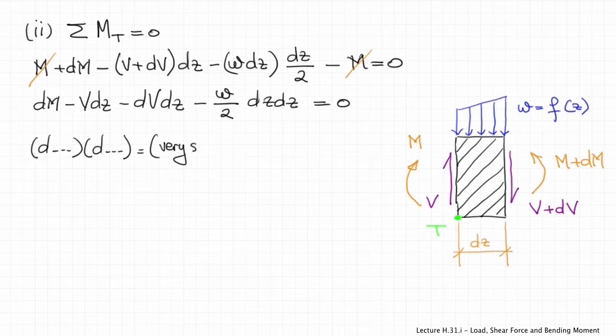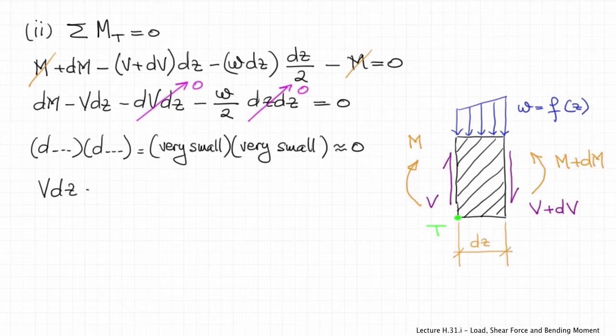That means we're multiplying something very, very small by something very, very small, and the result can be approximated to zero. So hence we can cancel out these two terms, consider them as being equal to zero, and in the end we can solve for the shear force, which will be equal to the derivative of the bending moment.